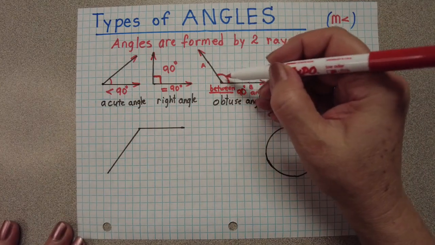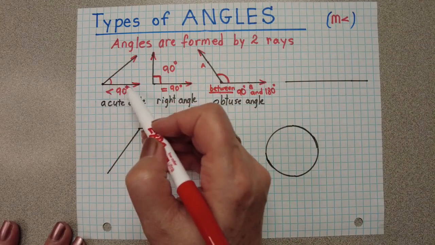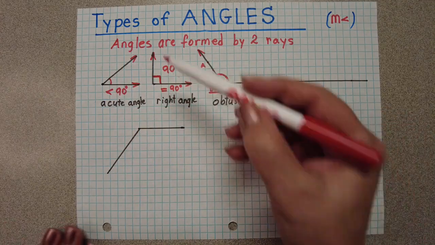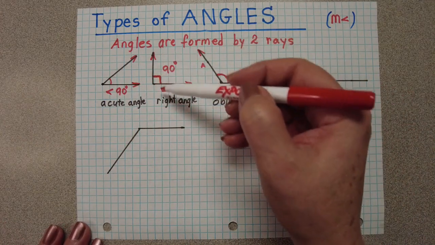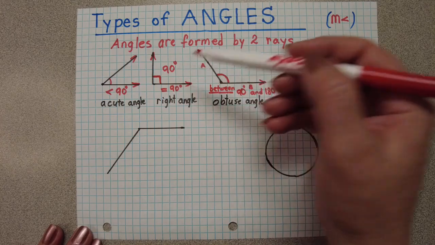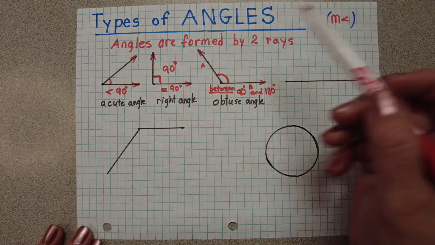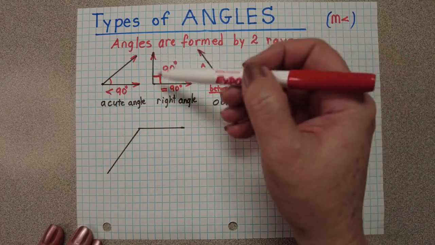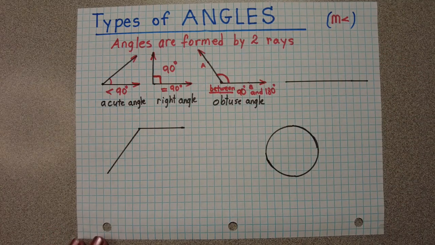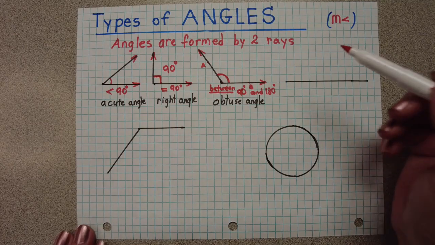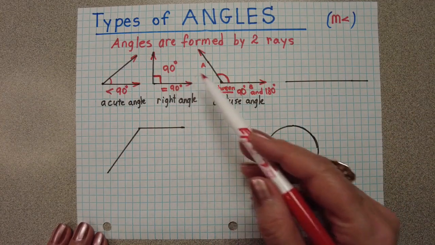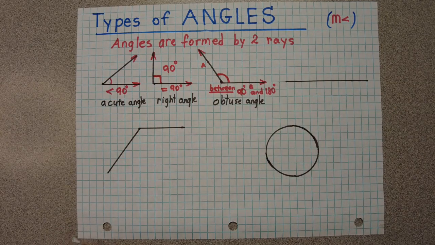So this one is obtuse, this one is acute, like cute. This is the smaller one, acute angle. This is a right angle, which we're going to use in many lessons in the future. This one is the most used angle in geometry. So we learned acute, right, and obtuse angles.